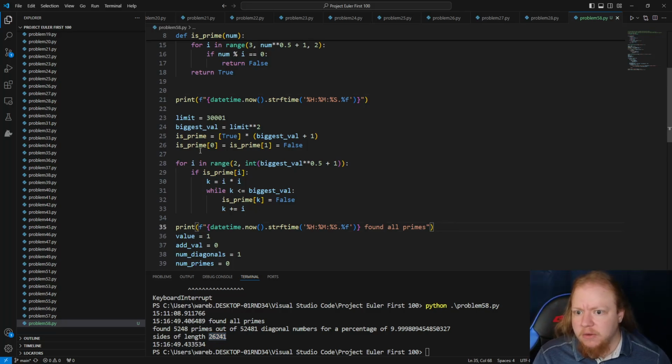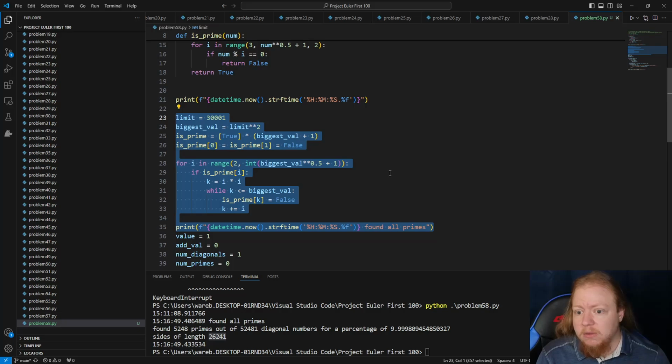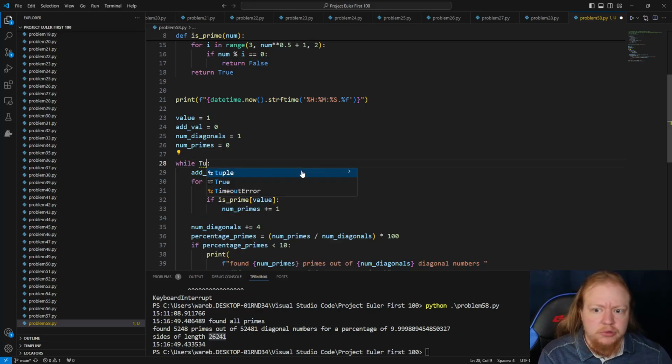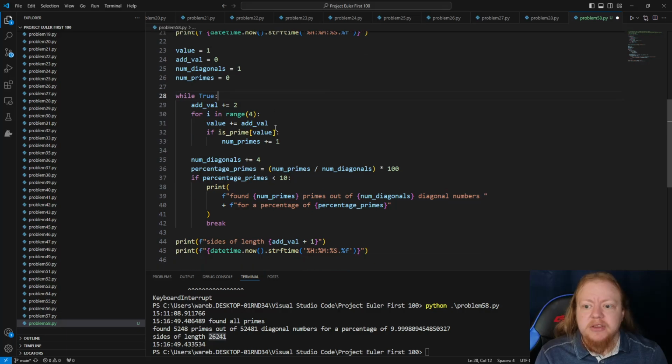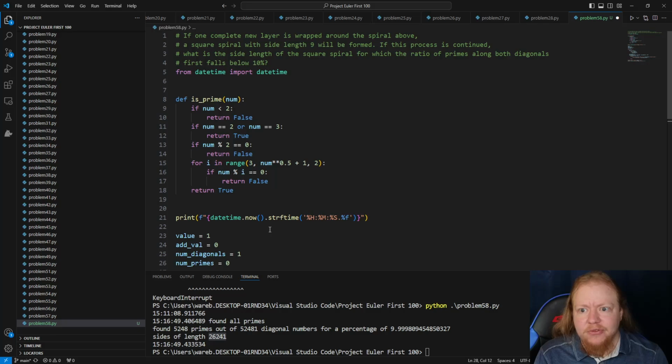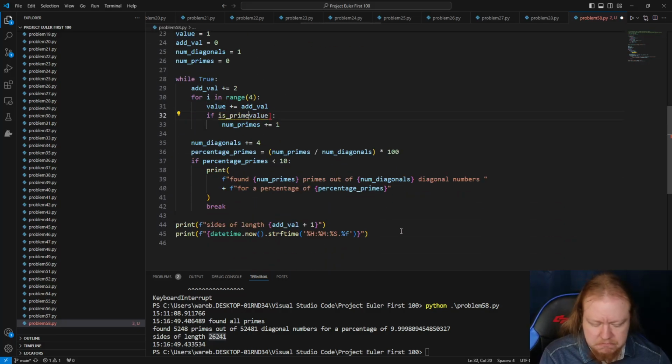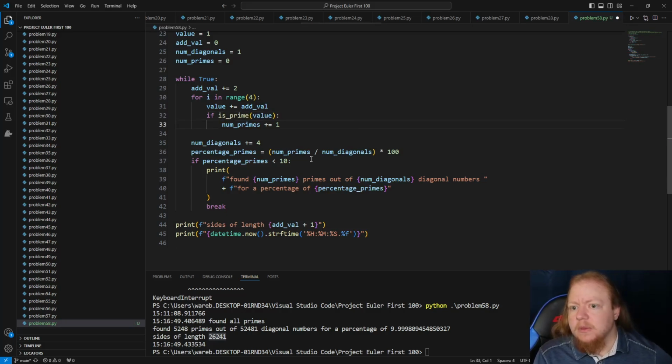We're going to delete all of that and change this to a while true loop, which obviously normally while true can get us in a lot of trouble, but at this point it shouldn't be a big deal.